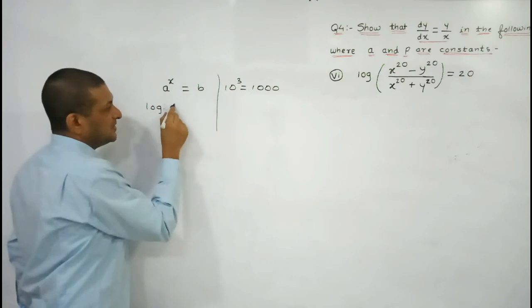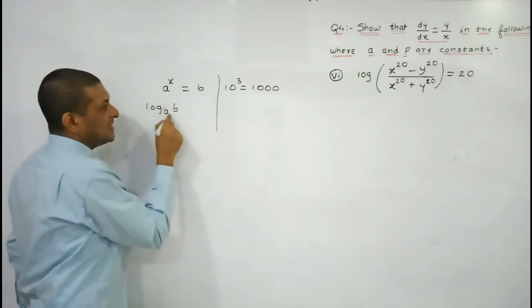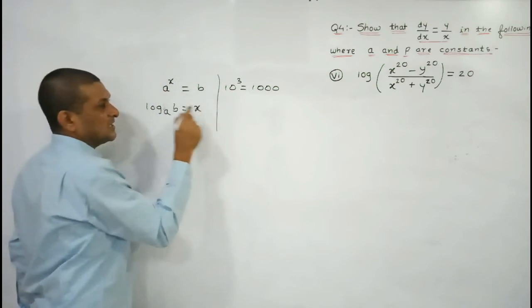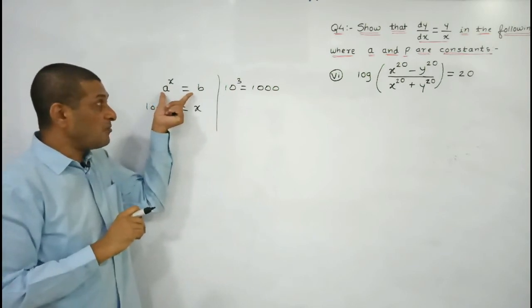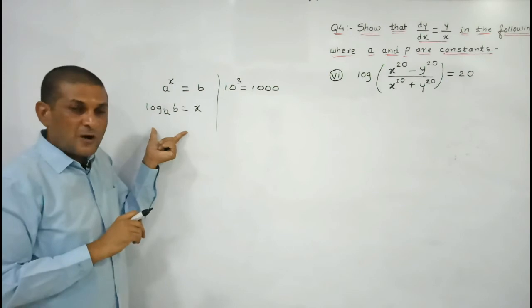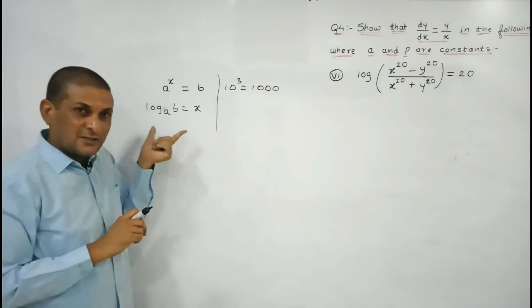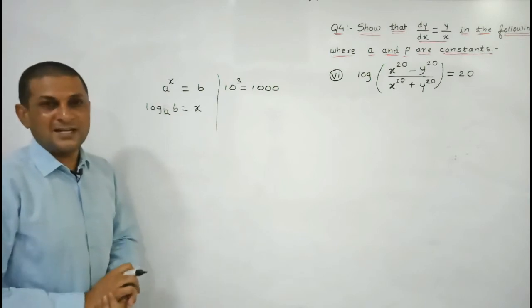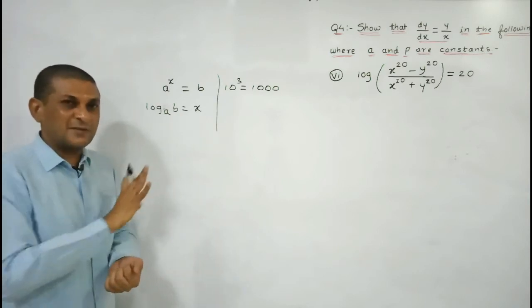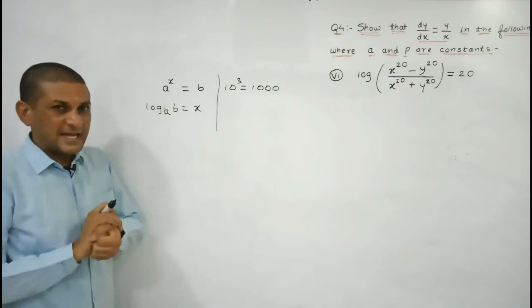Log of b, base क्या है यहाँ पे? a is equals to what? x. So this is the definition of what? Logarithm. This exponential form we are able to convert into logarithmic, or sometimes logarithmic form can be converted into exponential. तो depend करता है कि nature of example कैसे, उसमें हम ये definition apply कर सकते हैं.